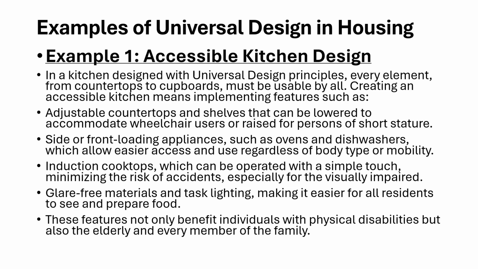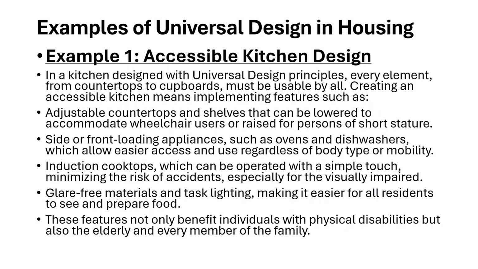So very, very important. Induction cooktops, which can be operated with a simple touch, and these often cool off quicker. So way, way better for people in wheelchairs, way, way better for people with visual disabilities. Glare-free materials. Bright white kitchen counters with loads of light on them, and it's a shiny, shiny material.